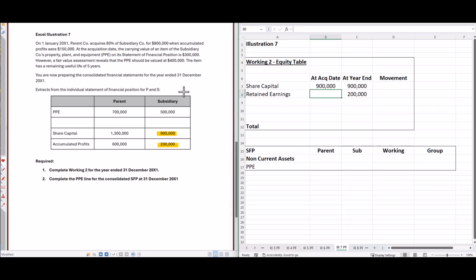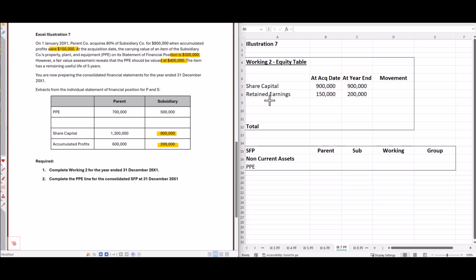And then we can start picking up the information. So they acquired 80% for 800,000 when the accumulated profits were 150. So that's going to be 150 at the acquisition date for our retained earnings. At the acquisition date, the carrying value of some PPE was 300, but the fair value was 400. So we need to move from 300 to 400.